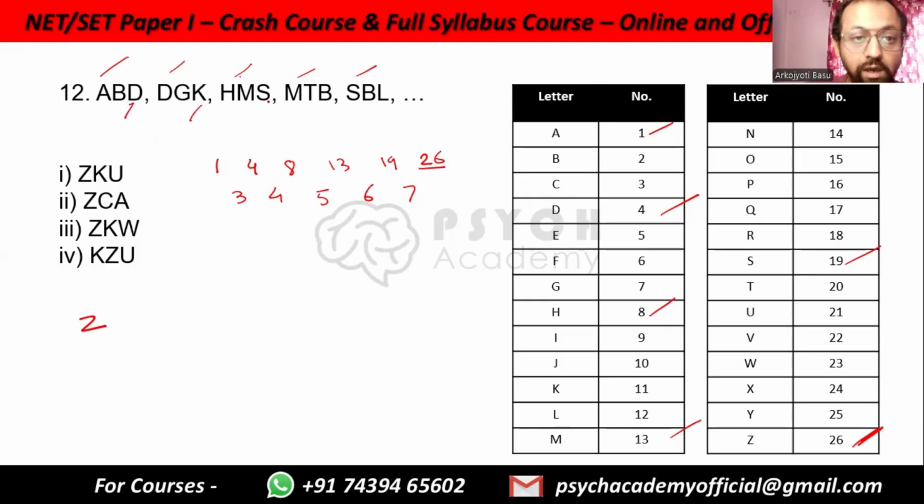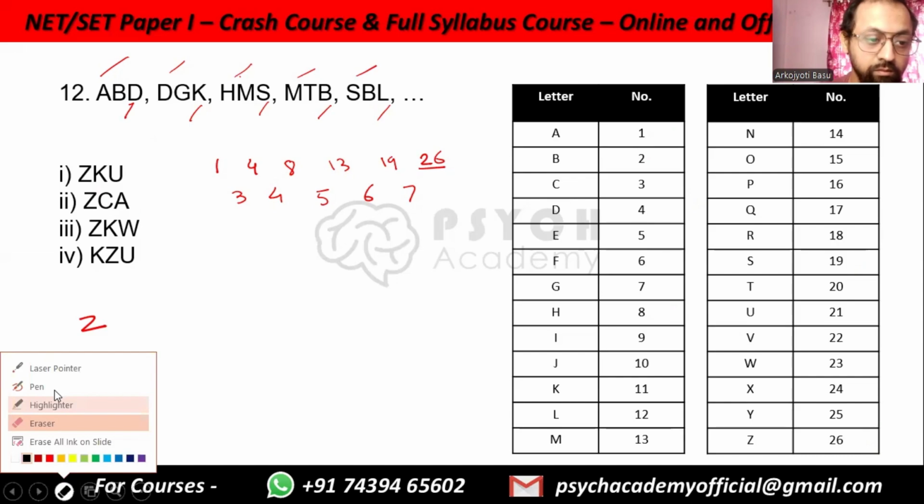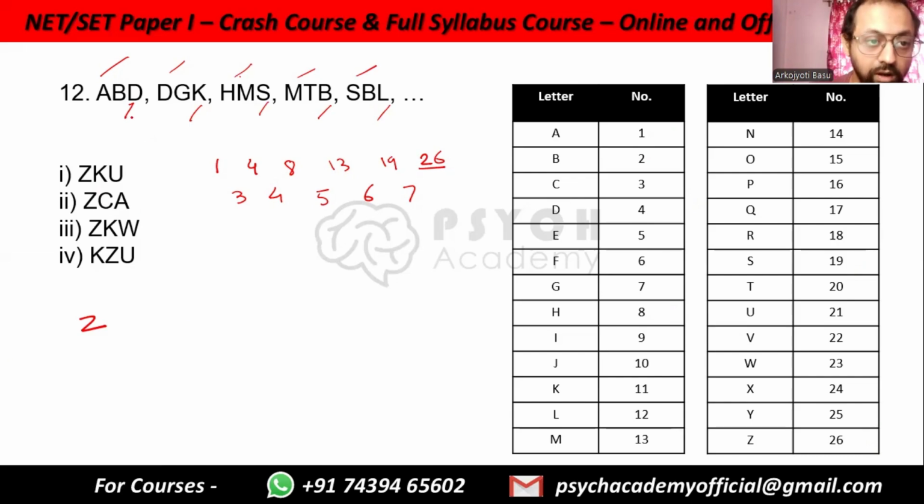D, K, S, B, L. Let's try to write that. I'll erase these parts. Okay, D, K. D is 4, K is 11, S, B, L. S, what is S?